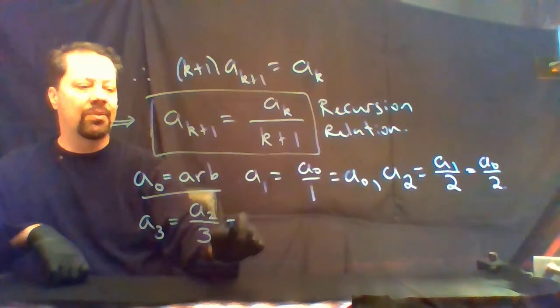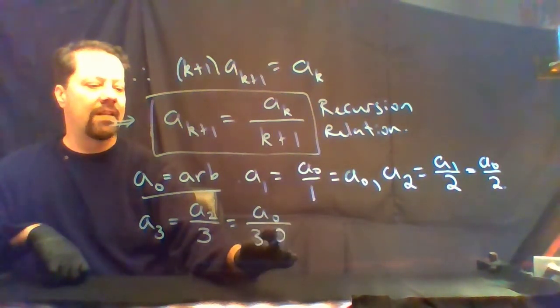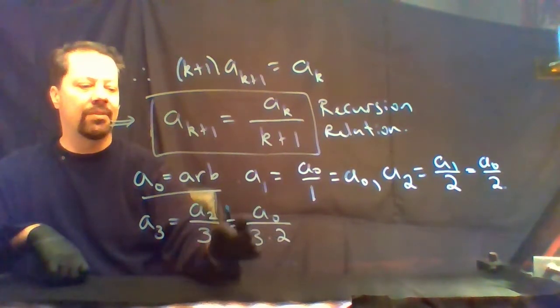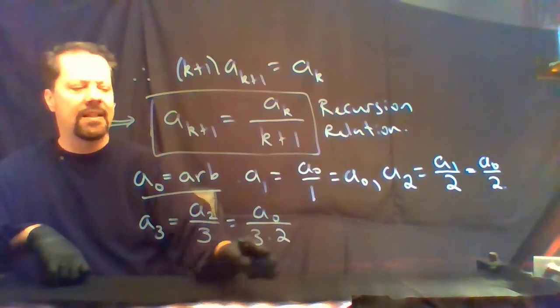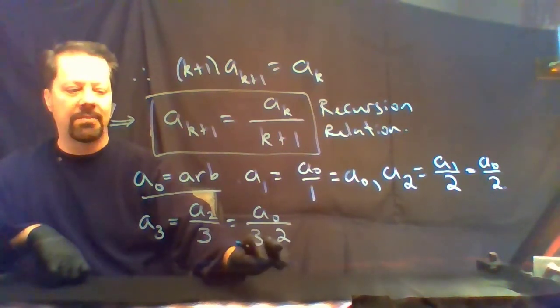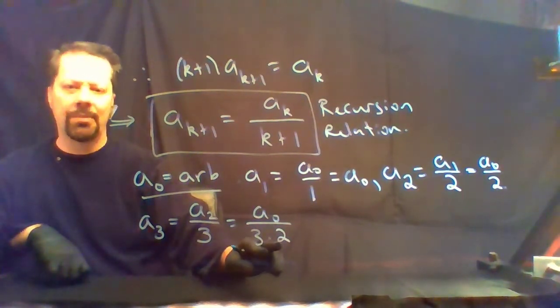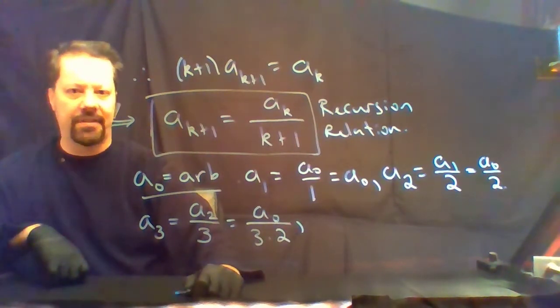But a2 was a0 divided by 2. So replacing a2 by a0 divided by 2, we get a0 divided by 3 times 2. It's better if you don't simplify at this point. Leave things multiplied out like this. You'll be able to see what goes on a little better if you do not simplify.